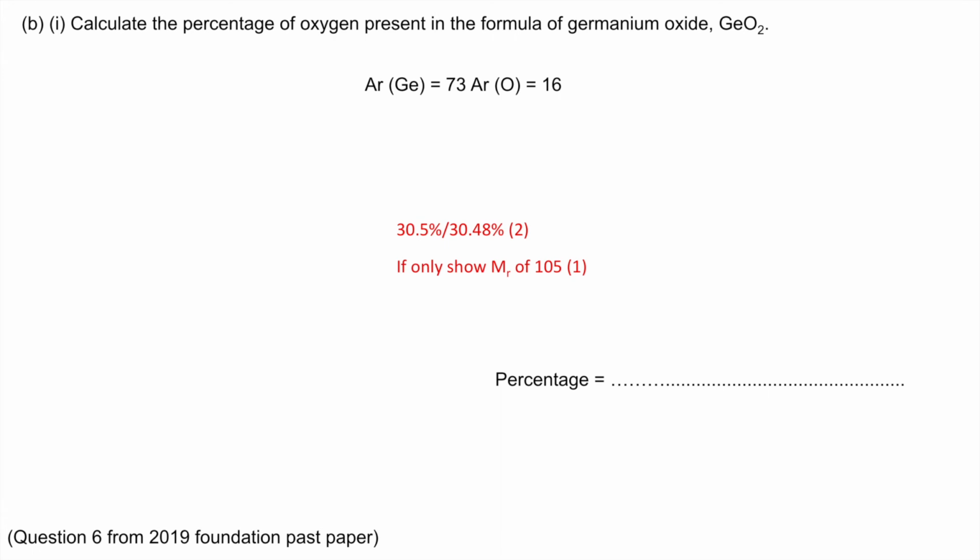And you know that the overall mass of your germanium oxide will be 105. And simply just do 32 over 105 times 100, and that'd be 30.5% or 30.48%. Both will leave you full marks. If you only show that the overall relative mass of your molecule is 105, you'll get 1 mark.